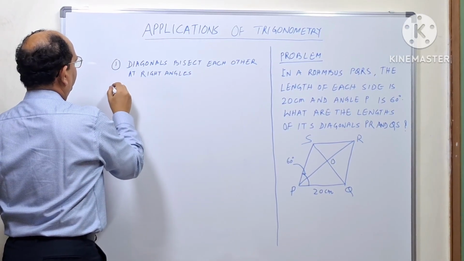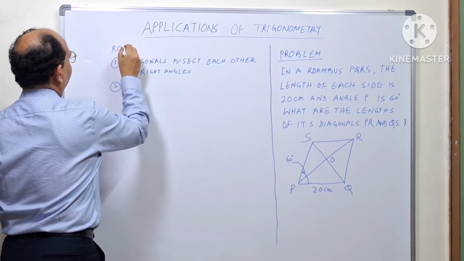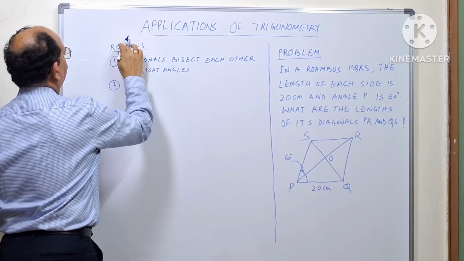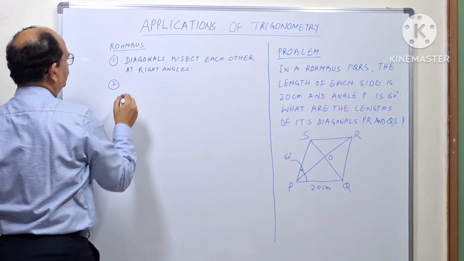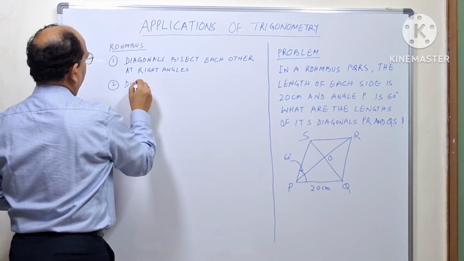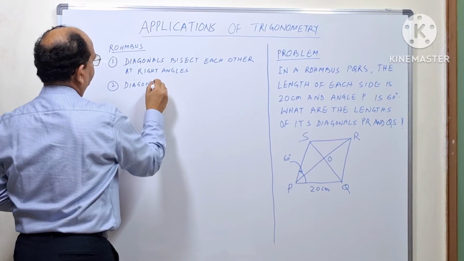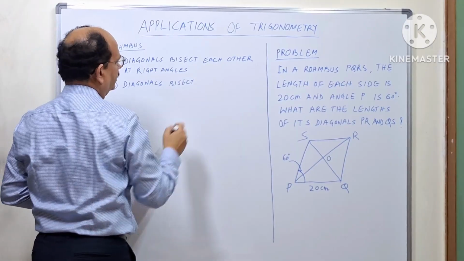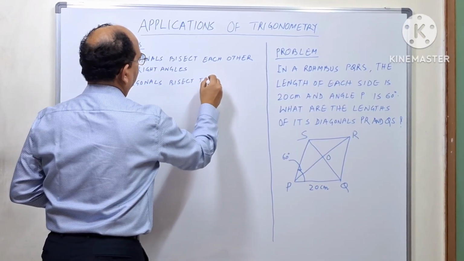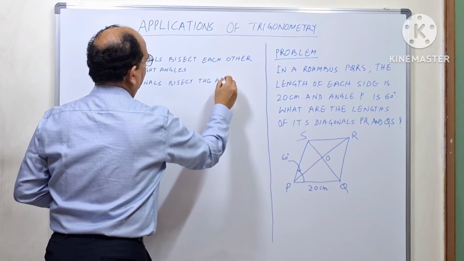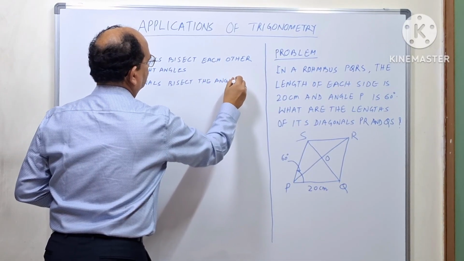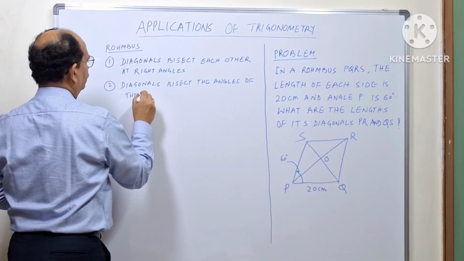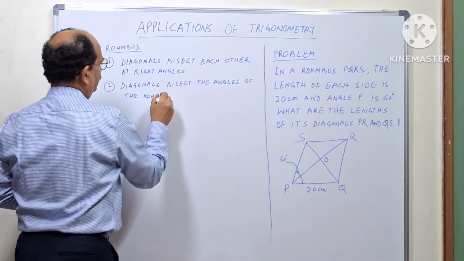And the second property of a rhombus is that diagonals also bisect the angles of the rhombus.